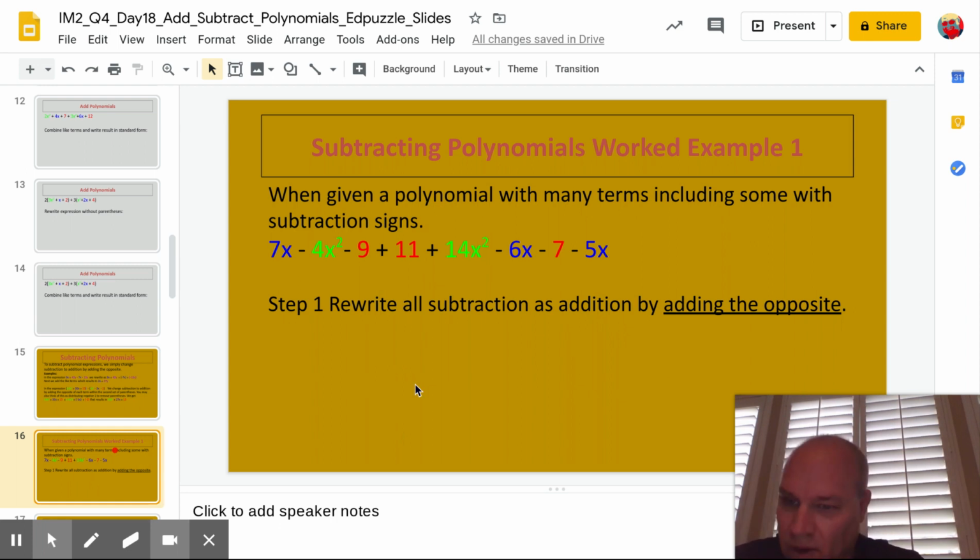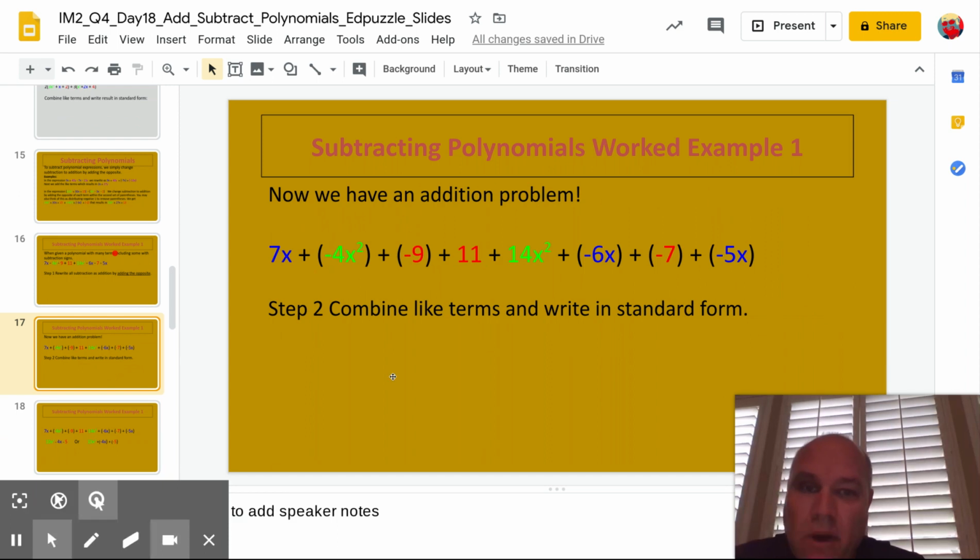Okay? So we're going to take that 7x, and it's going to become plus negative 4x squared plus negative 9 plus 11 plus 14x squared plus negative 6x plus negative 7 plus negative 5x.